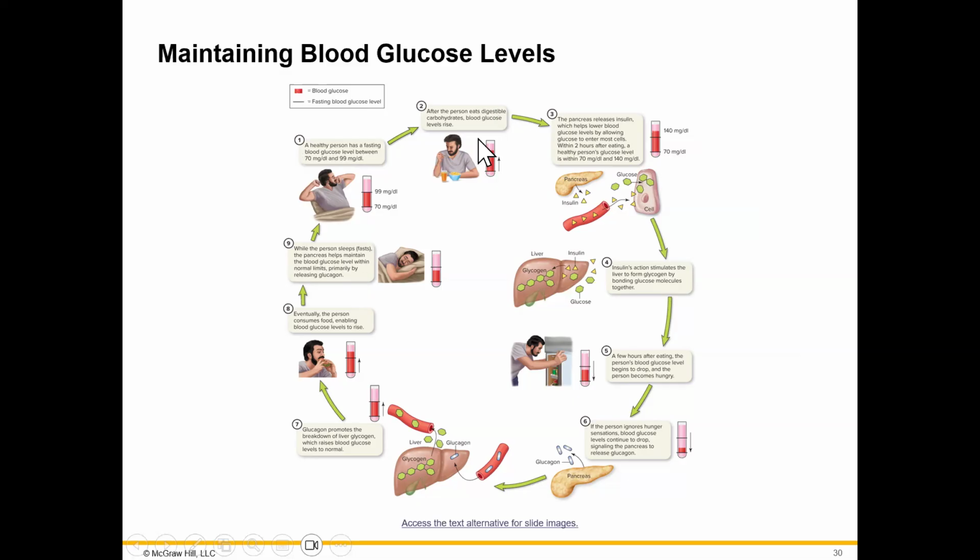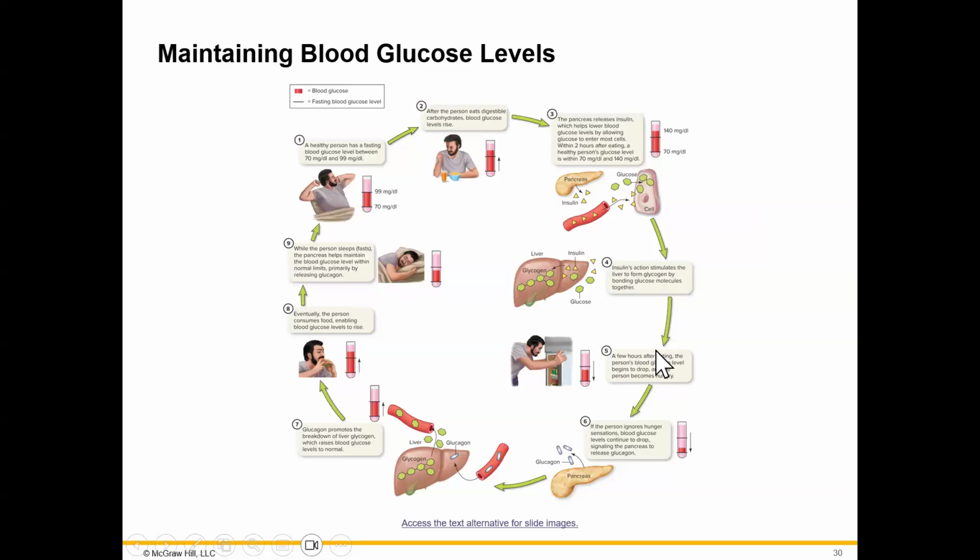They eat carbohydrates, the blood glucose is going to rise. Their pancreas has to kick in and has to secrete insulin in order to get that glucose in the cells. Insulin stimulates the liver to take some of that excess glucose and turn it into the storage form of glycogen.